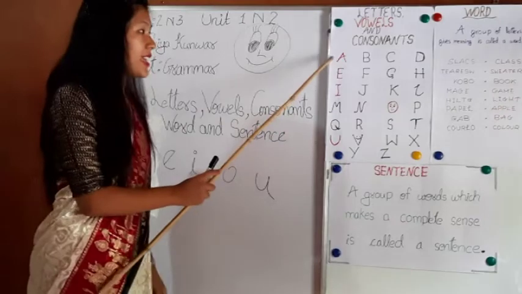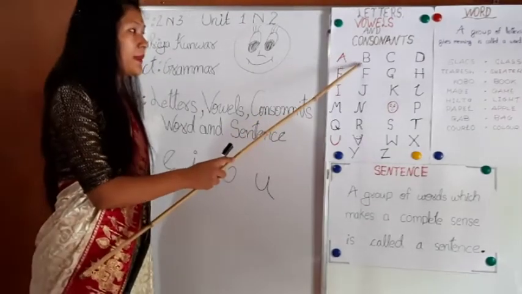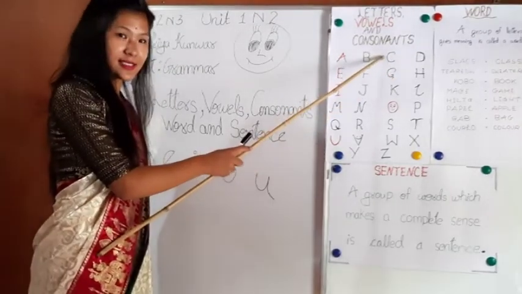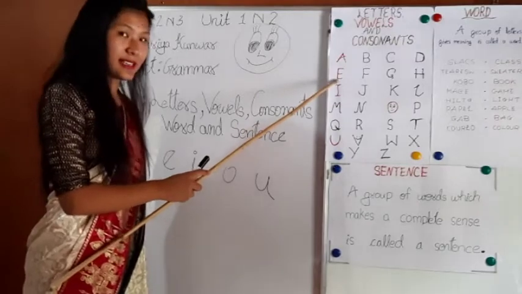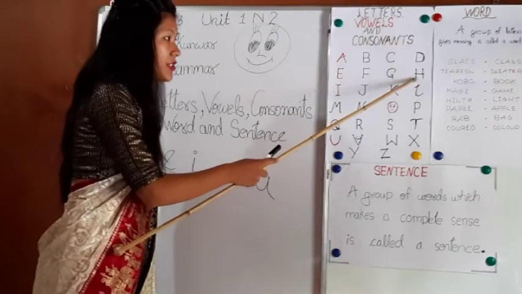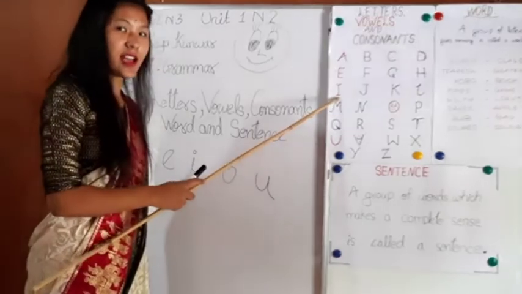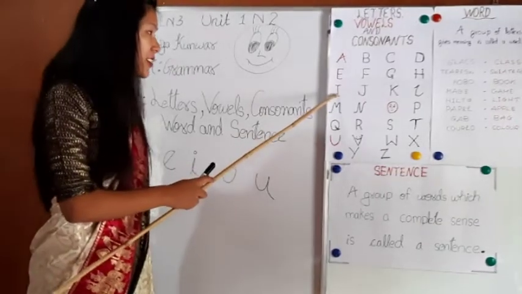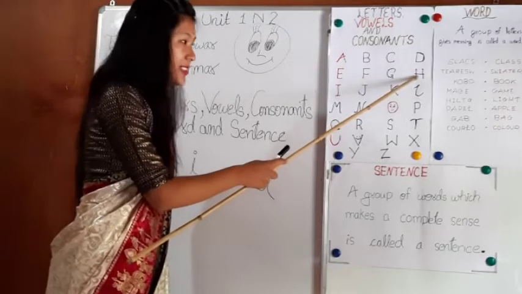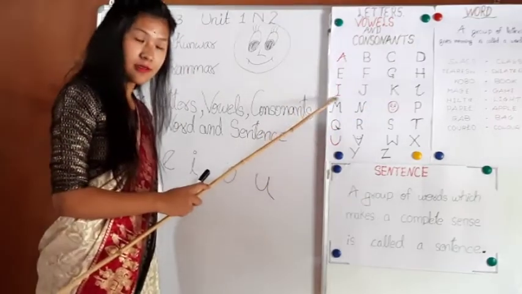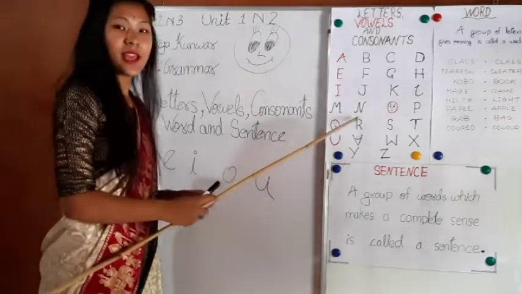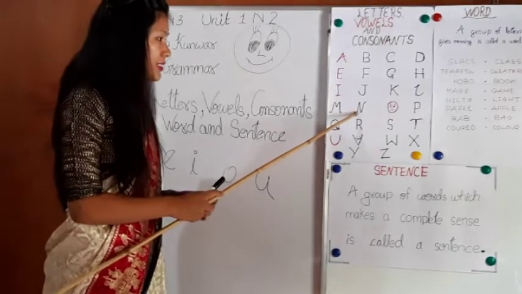Here A is a vowel, B, C, D are consonants. Again E is a vowel, F, G, H, I. Is I a consonant? No, it is not a consonant, it is a vowel. So F, G, H are consonants, I is a vowel, J, K, L, M, N are consonants.